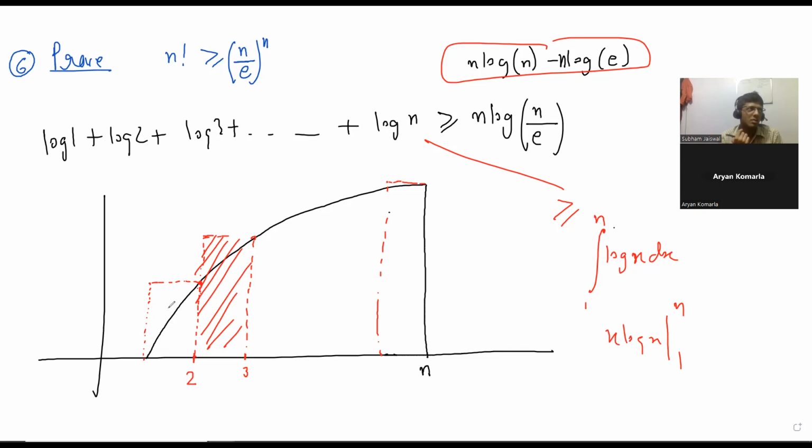No, yeah, you're right. The difference is, how should I say? But can you see that the error is less than log n? In fact, it is less than log n by 2.